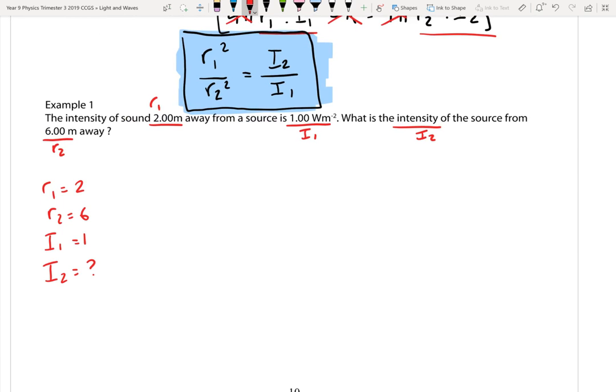Now, when you get these kinds of equations, you obviously want to rearrange for I2. Oh look, I2 is already at the top. That's great. But normally, if you flip one side, you have to flip the other. So we might get to a scenario where you just have to flip both sides, get the subject on its own. So let's just write the equation down. I2 on I1 equals R1 squared on R2 squared, times both sides by I1.